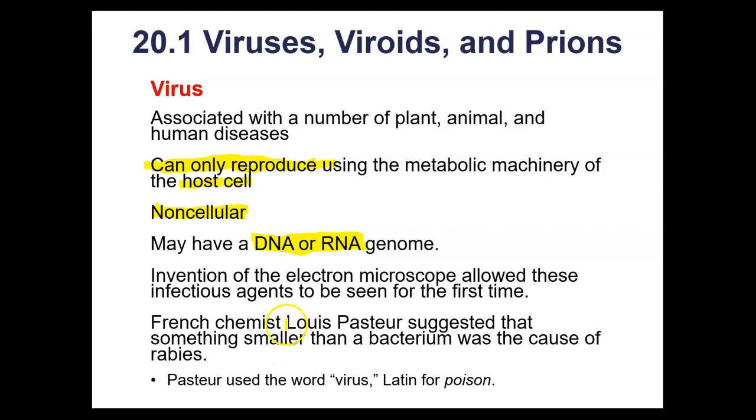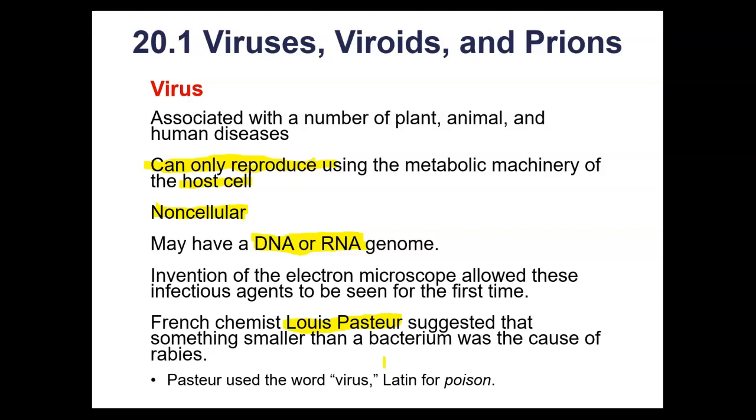Louis Pasteur. Pasteur is the biologist that is responsible for the process we call pasteurization. And he is much more famous for his work with bacteria. But he did suggest that something smaller than a bacterium was the cause of rabies.